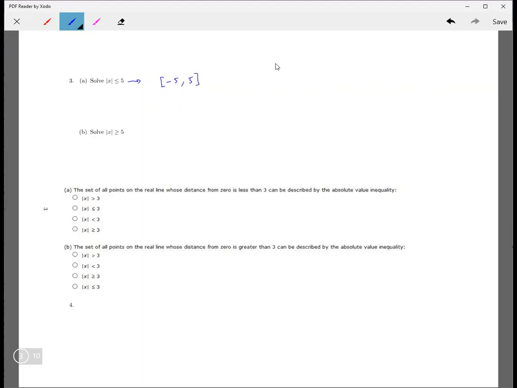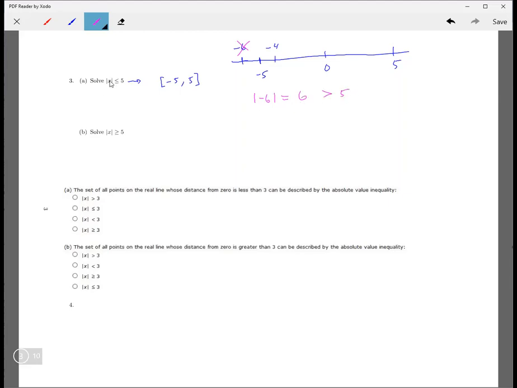You can look at a few examples here. So here's the number line. If you have negative 4, for example, and take the absolute value of that, you're going to get positive 4, which is less than 5, right? But if you're at negative 6, that's not going to work, because the absolute value of negative 6 is actually positive 6, which is greater than 5.